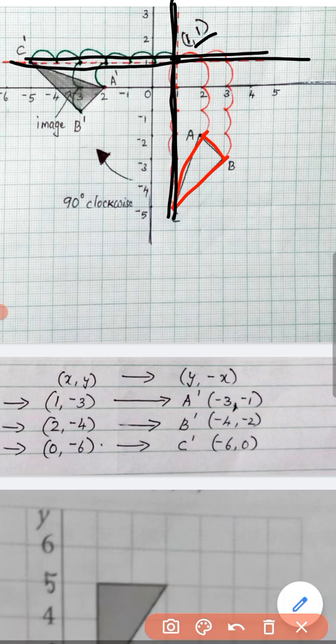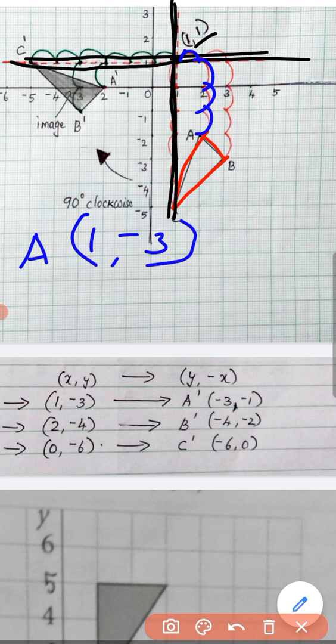Here 1 unit right. Children, each square is 1 unit, that is 1 centimeter. 1 unit right and 3 units down. 1, 2, 3. 3 units down means which is -3. Okay, on y-axis up means positive and down means negative. On x-axis right means positive, left means negative.